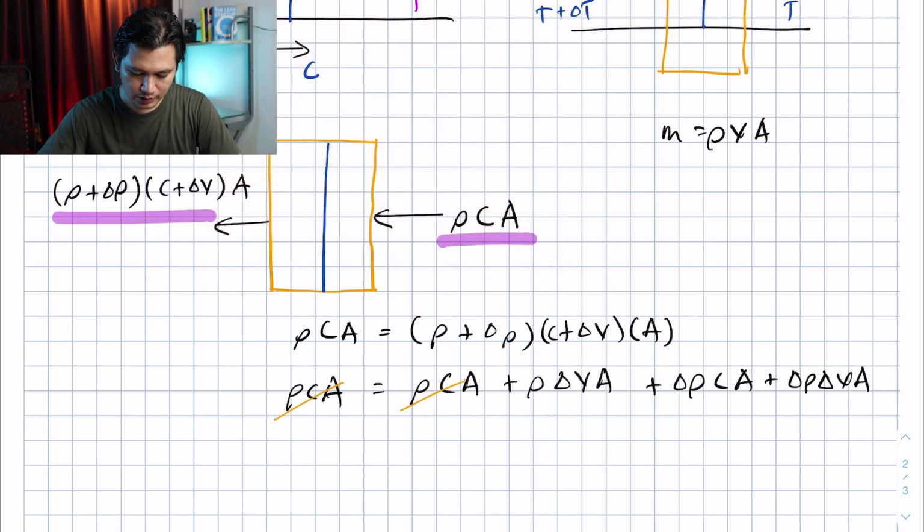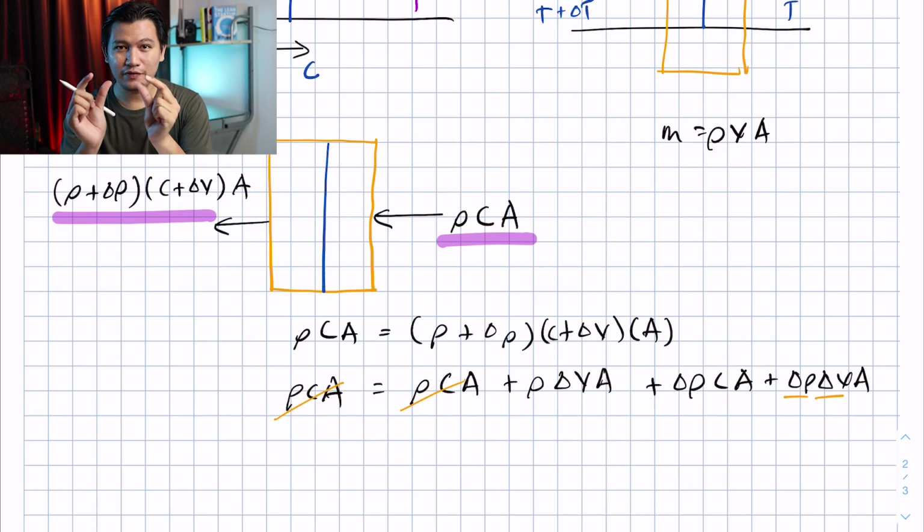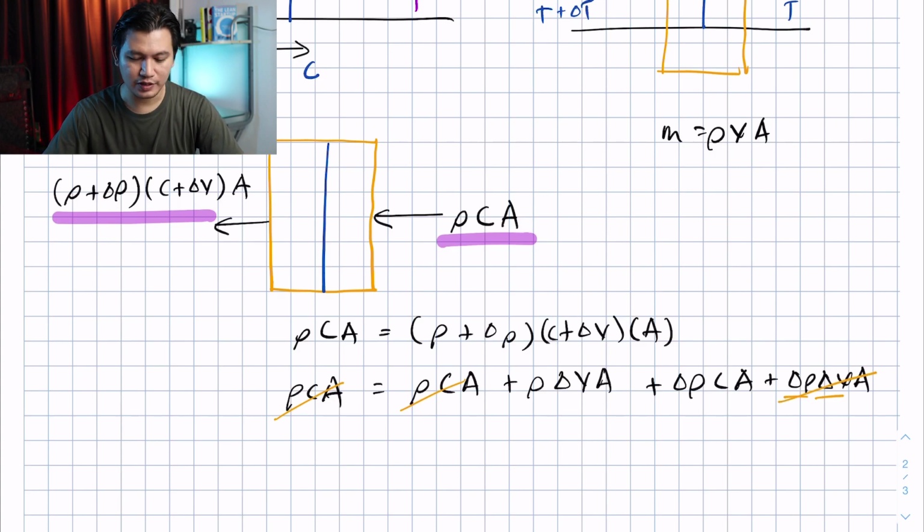And then the delta rho delta v term here. Delta is a small change, so when you have two deltas together, it is safe to neglect it, because it's going to be too small to calculate. So I'm going to cancel this out as well.